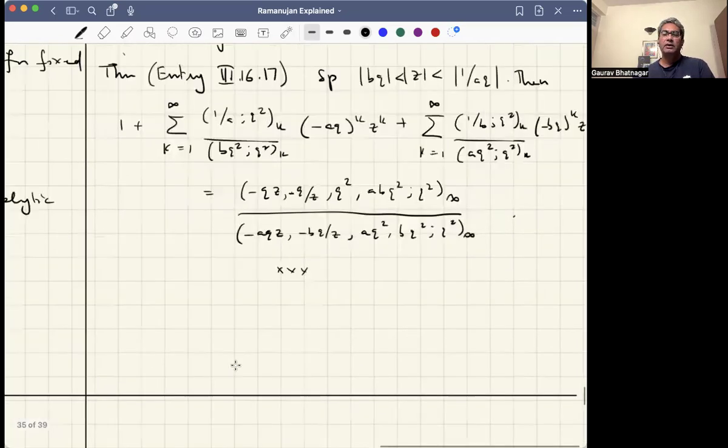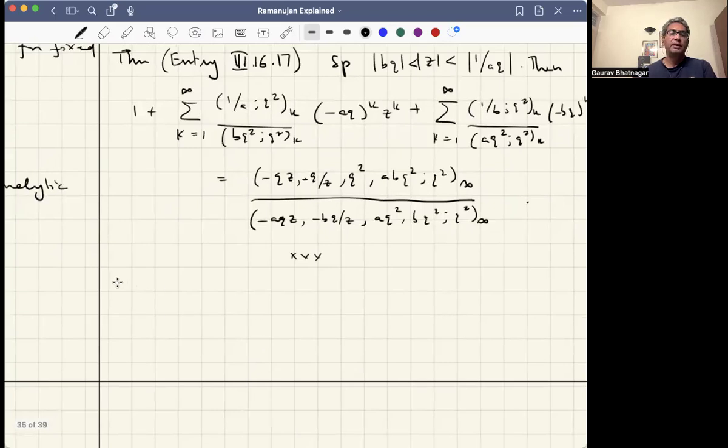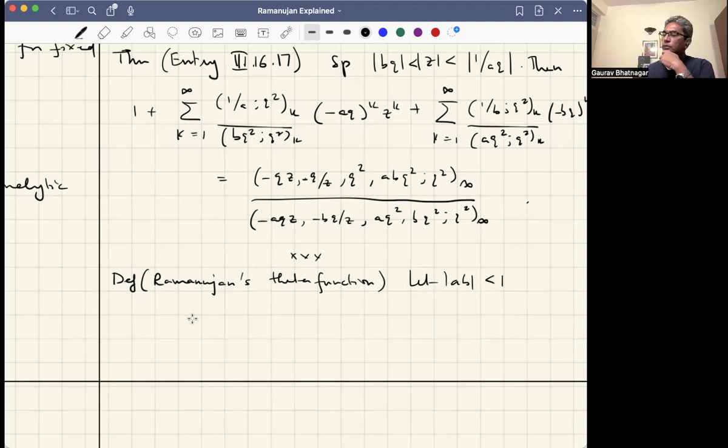Now, a large part of Ramanujan's subsequent work uses the following definition, Ramanujan's theta function. Let the absolute value of A be less than 1.